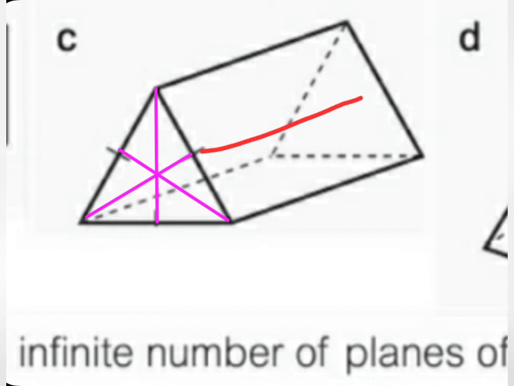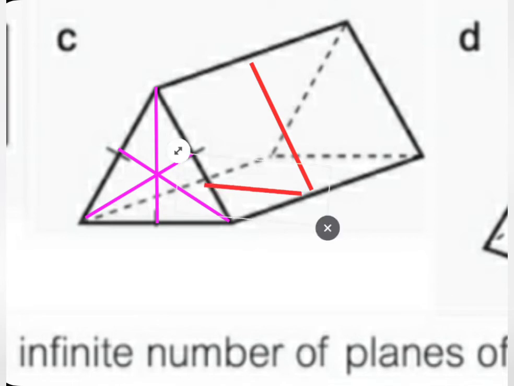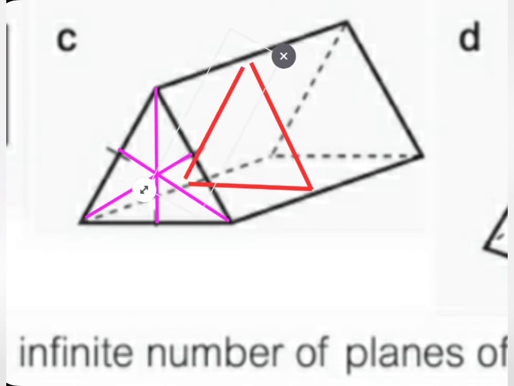So they go back like here, and then here, and then here. Because they are planes, they have to go through the whole shape. That's the idea. And then we have the one in the middle here, which is like this. We put it here, and it divides the shape into 2 identical parts. So for C, we have 4.